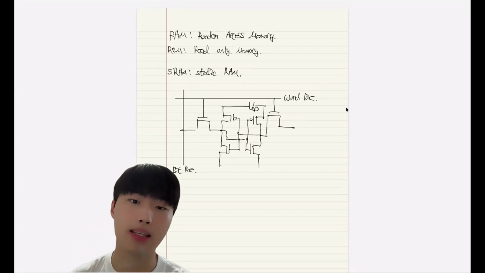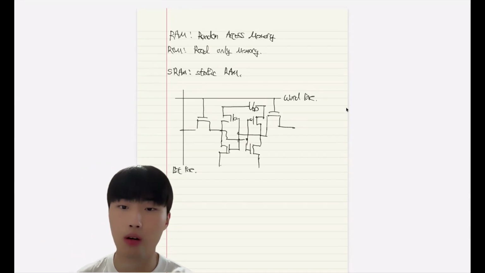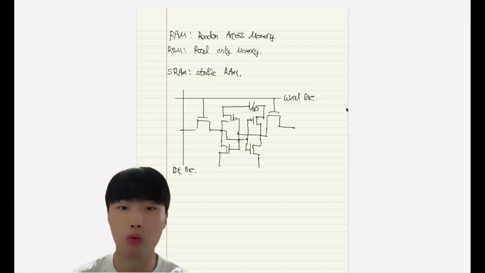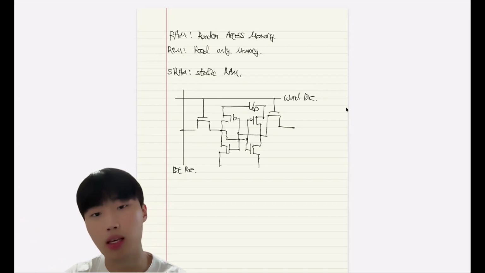We have learned that CMOS acts like an inverter. An inverter is a device where, when we put zero on the input side, the output will be one, and when we put one on the input, the output will be zero.